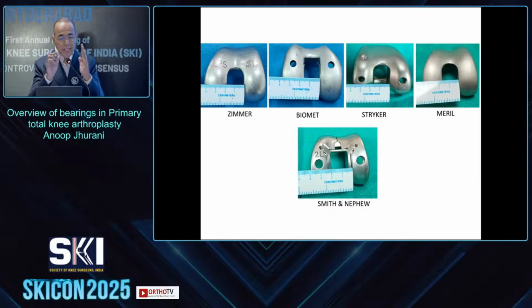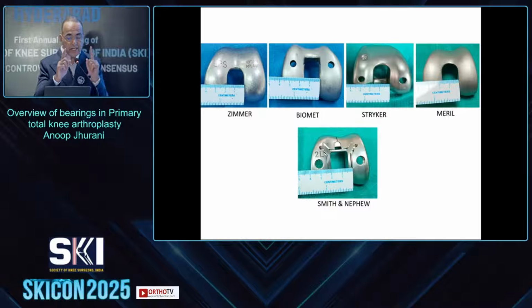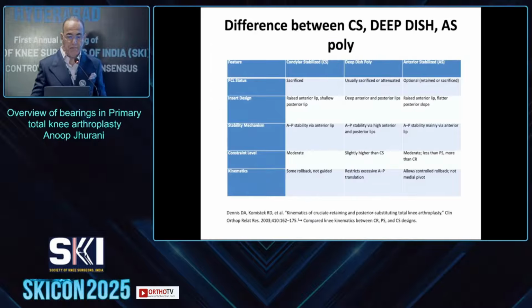And we looked at the box dimensions of all the major implant makes, and you can see that the box dimensions is anywhere between 1.6 to 2 centimeters. And imagine cutting a box in a 50, 52, 54 millimeter ML dimension of femur, almost cutting 1/3 of the condyle in a young patient, 50, 55.